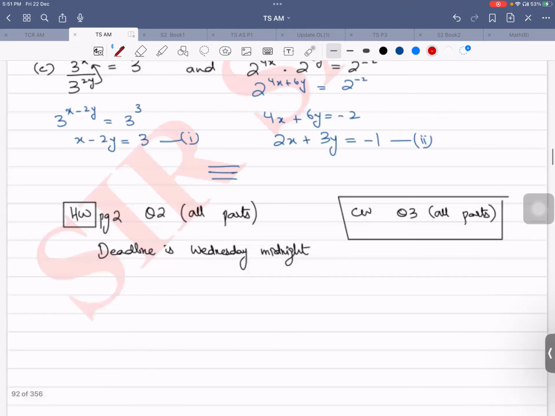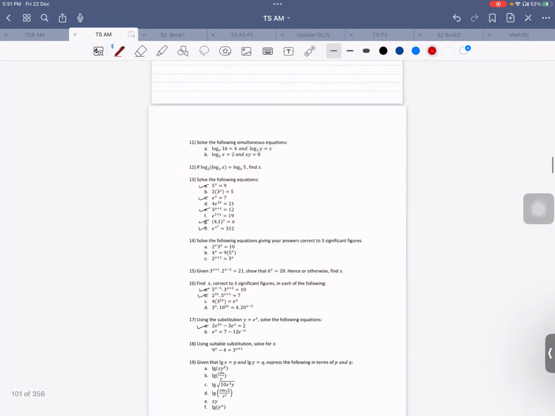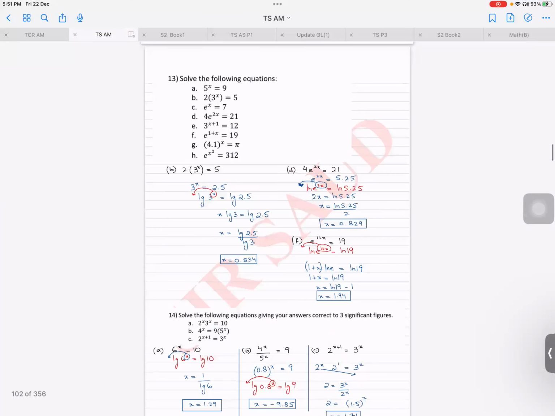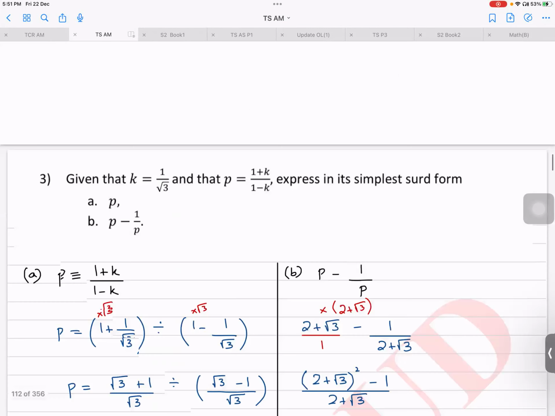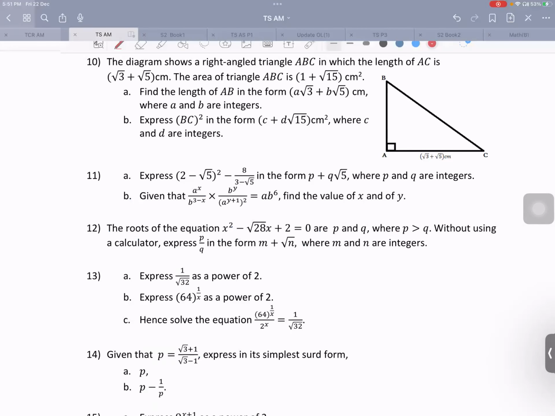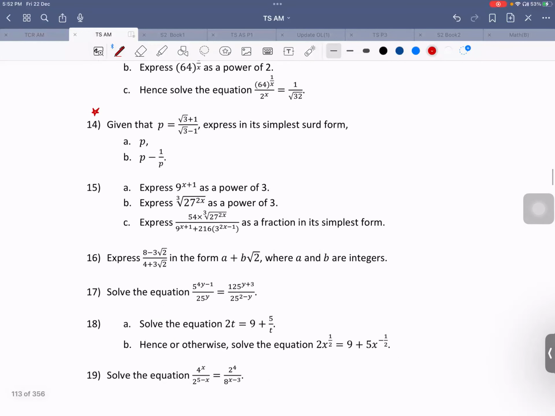And then from the past papers, you will do question number 11A, question number 14, 16.